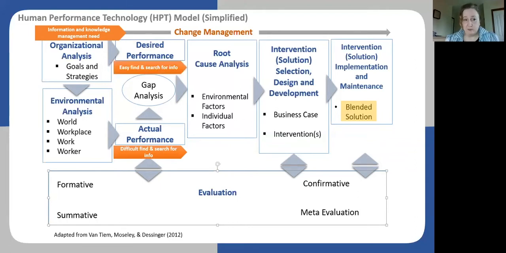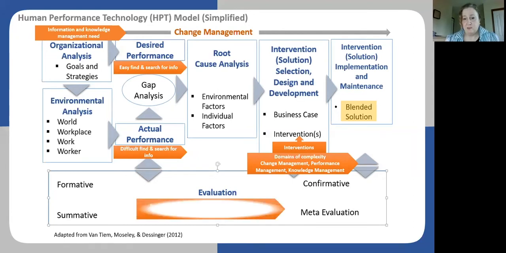Where we wanted to be was easy find and search for information. How you get there is through solutions, so interventions, aligning different domains of complexity: change management, performance management, and knowledge management. All of these supported the build of blended solutions. Evaluation, of course, was ongoing during and at the end of the project and after implementation.